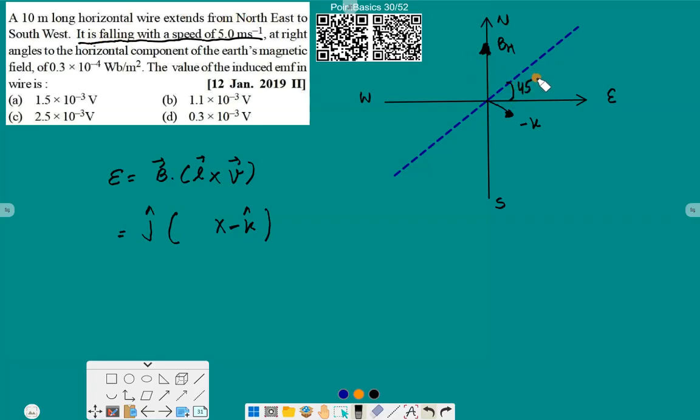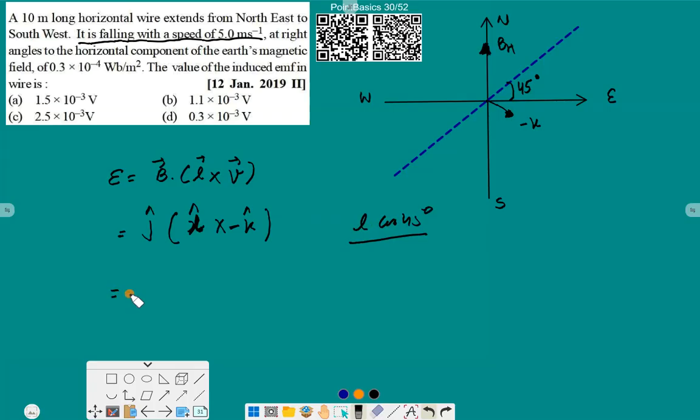So this angle will be 45 degrees, and the length is 10 meter. So the x component of this wire will be L cos 45. We take the positive side and the negative side both. Sign does not matter, positive i or negative i, but the length that needs to be taken is along the x direction, and that length will be L cos 45.